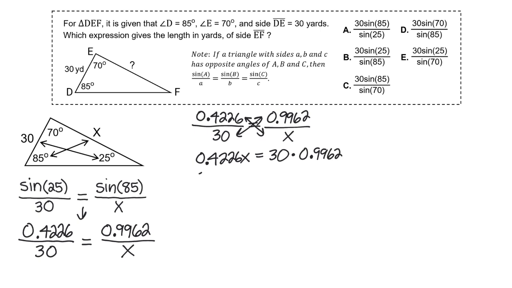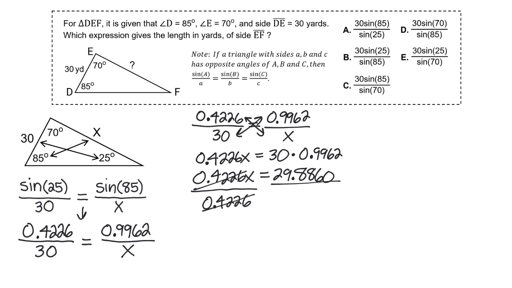If you work that out, that's going to be 0.4226x equaling 29.8860. Then to cancel out multiplication, we can divide on both sides. So now x is going to equal 29.8860 divided by 0.4226, which gives you about 70.72.